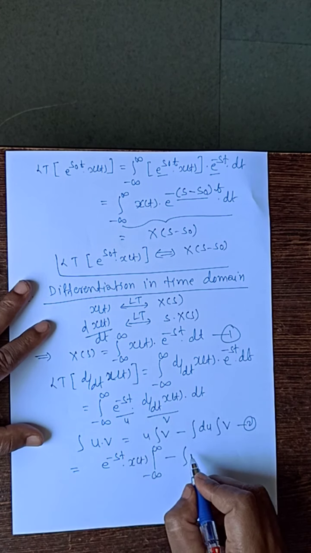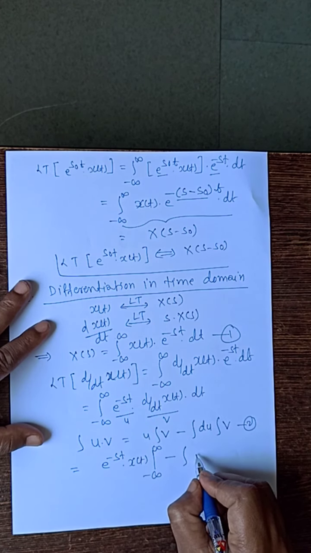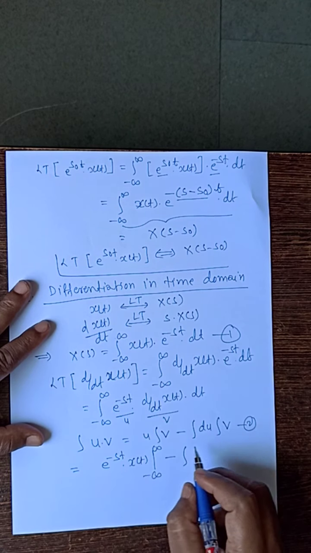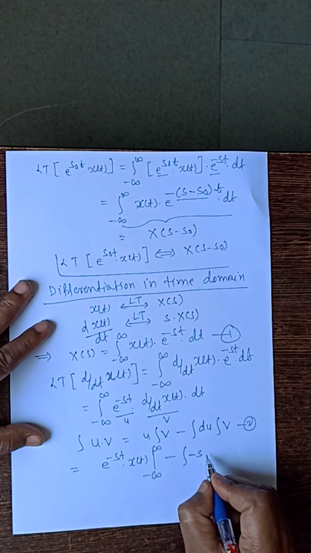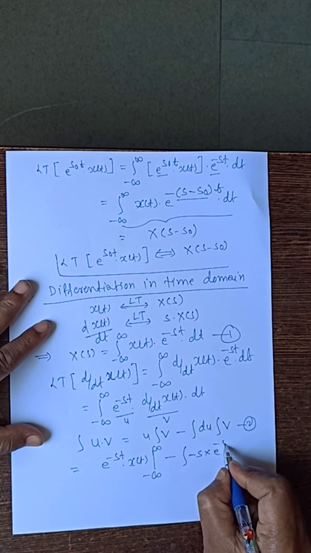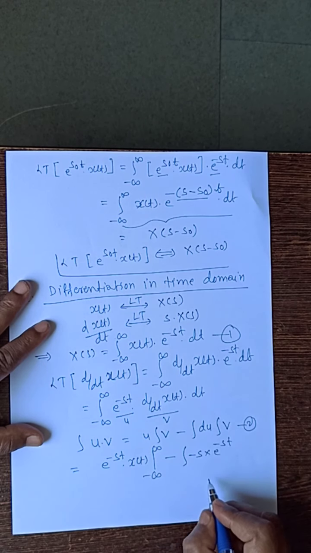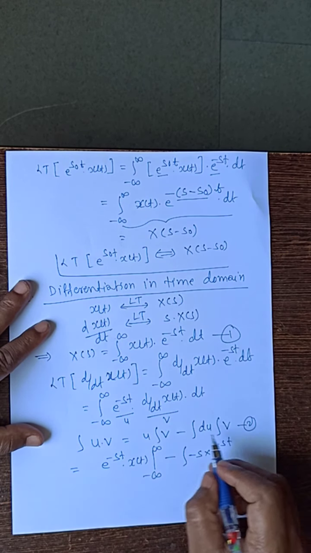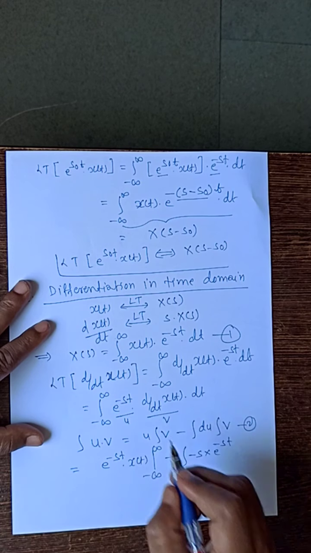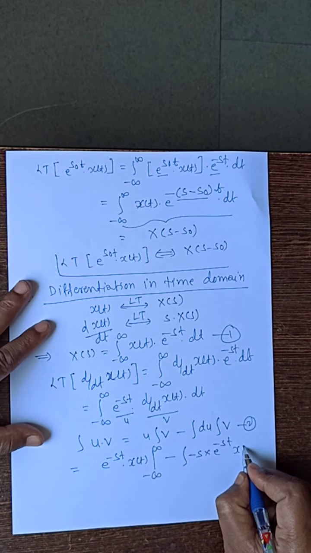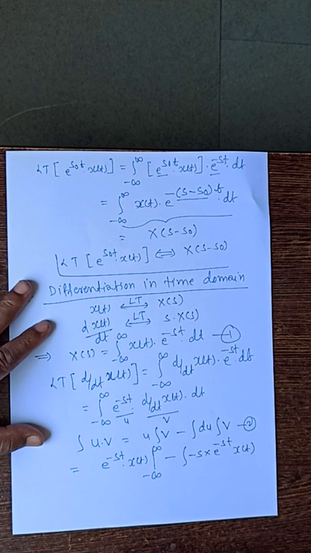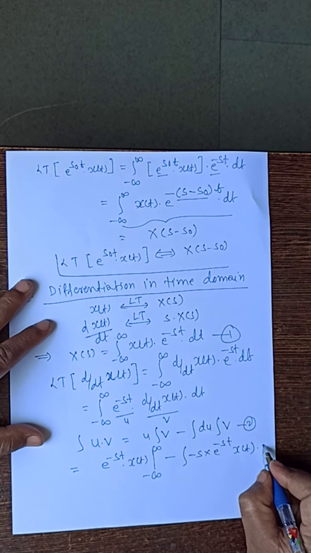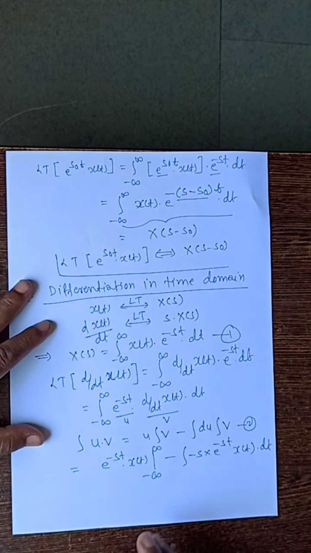So this is e raised to minus st as it is, multiplied by minus s. And integration of v, integration and differentiation cancelled, this is x of t, dt.